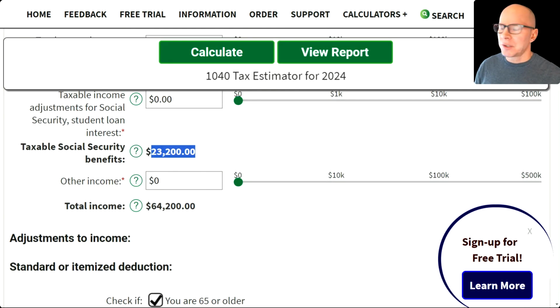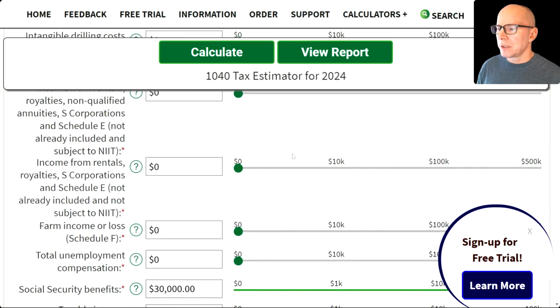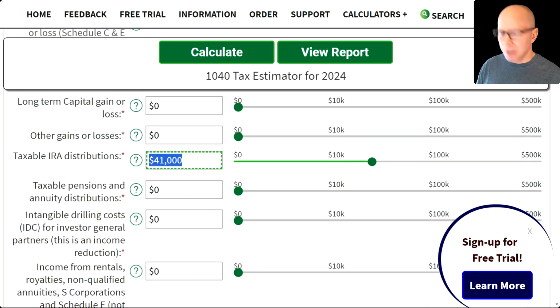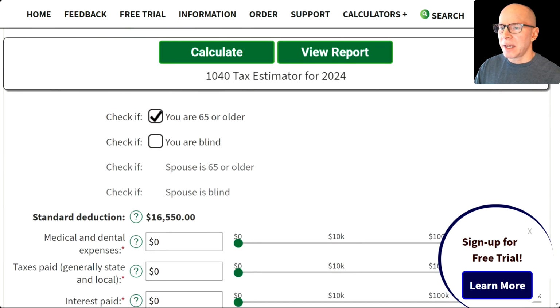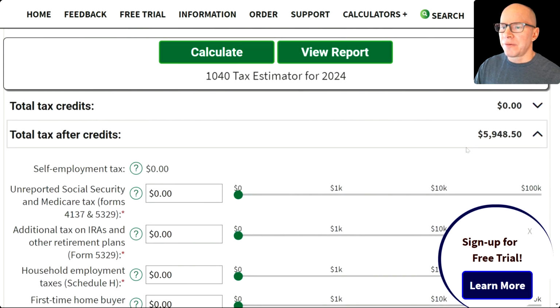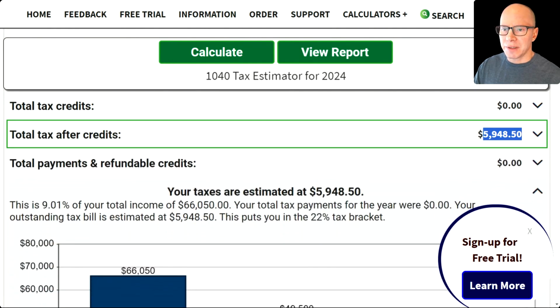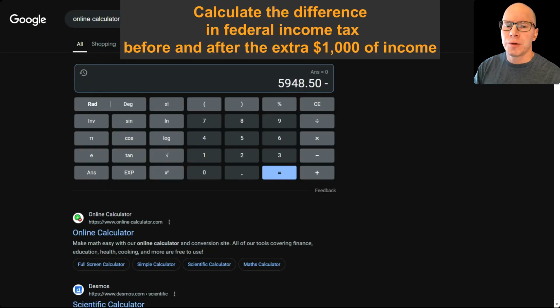Now, to really illustrate that 40% rate, what we're going to do is add an extra $1,000 here. So we've got $42,000 of income, and the tax due becomes $59.4850. So if we take that $59.4850 minus $55.41.5, we get a result of $407 due on the tax.